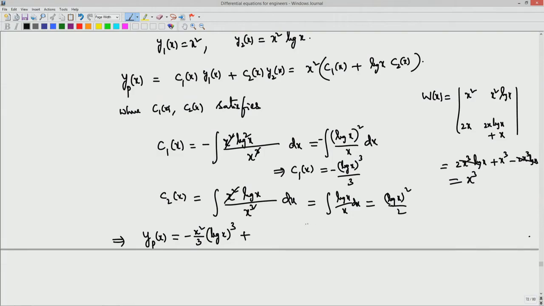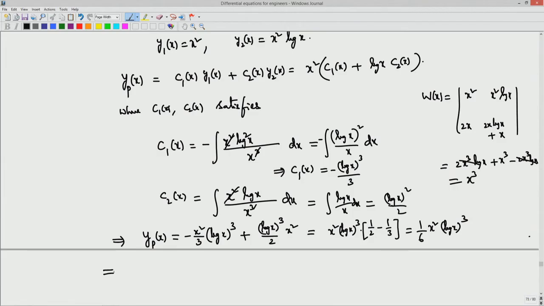Plus c2 is log x whole square by 2 into x square log x, so x square log x makes it cube. Finally, you have x square by 2 minus x square by 3 times log x whole cube, that is 1 by 2 minus 1 by 3, which becomes 1 by 6. So 1 by 6 x square log x whole cube is your particular solution.